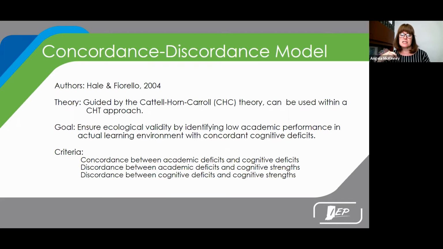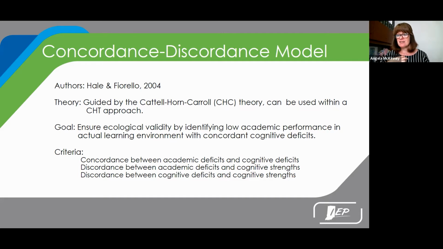And then differences between your cognitive deficits and your cognitive strengths, which it did use that, right? So there's some overlap here, but a little bit of difference, because it is looking at a significant difference between the area that you're struggling in academically and your cognitive strength. To me, this falls back a little bit on the old severe discrepancy model, which makes me a little bit more uncomfortable with that.